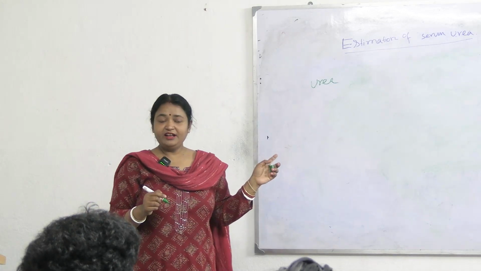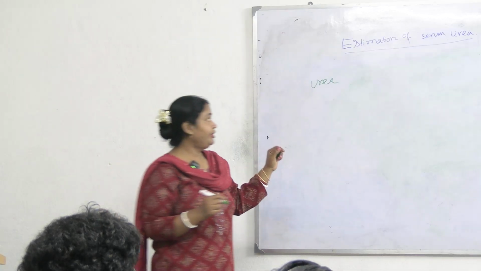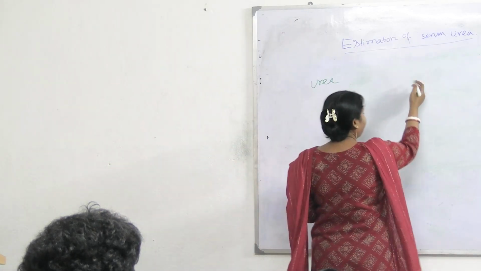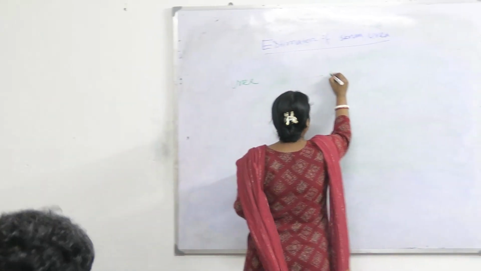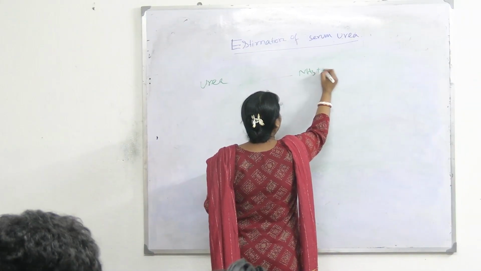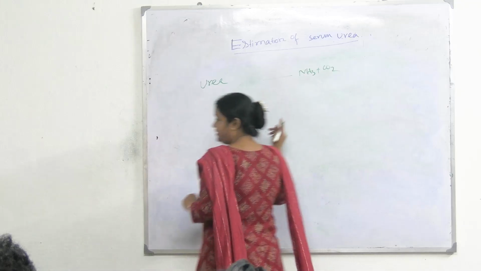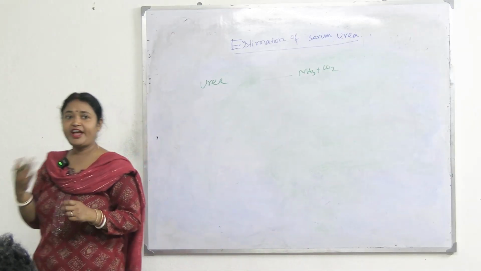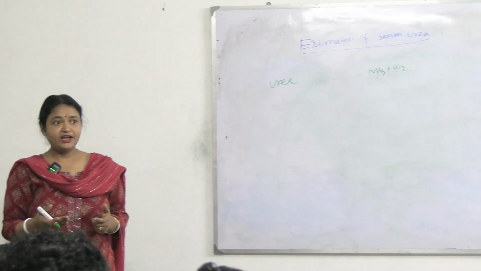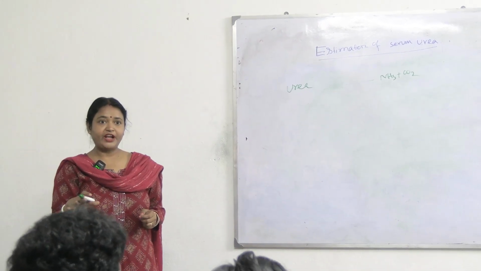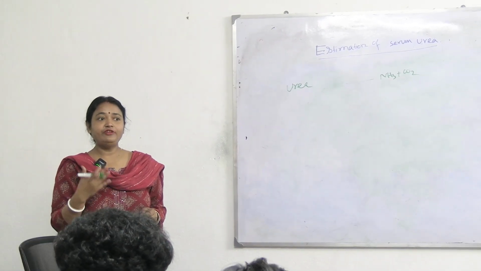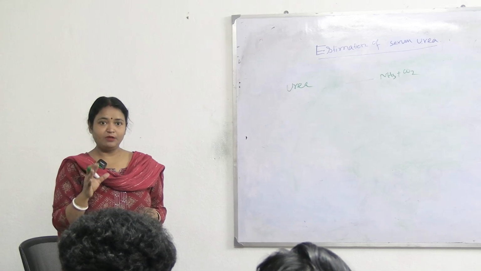Then urea, in the presence of urease, will form ammonia and carbon dioxide. This ammonia will react with the chromogen, with the buffer and hypochlorite, and form a green colored complex.